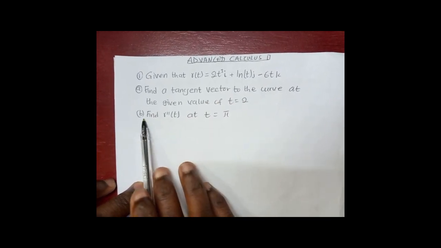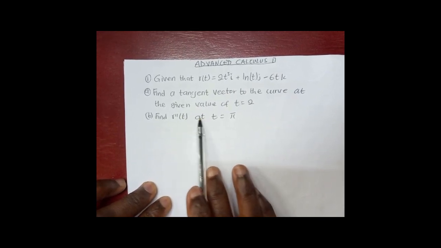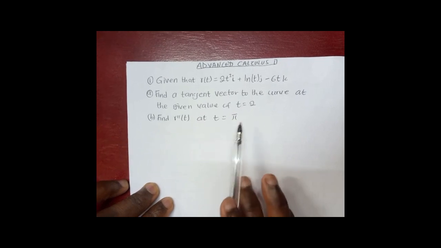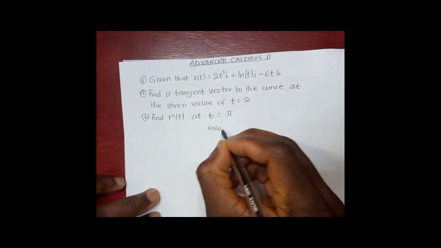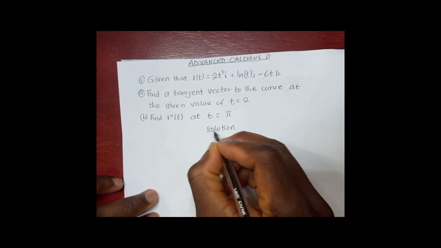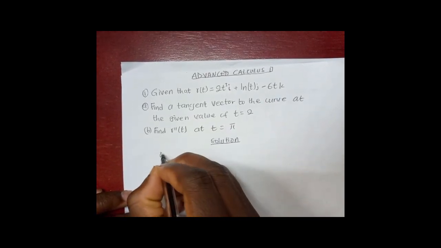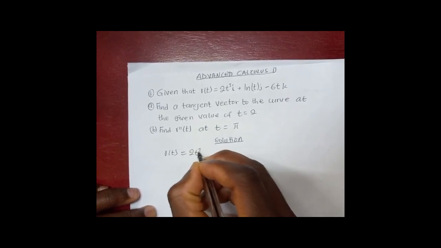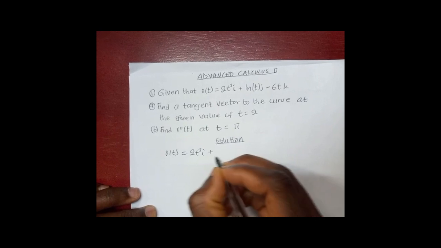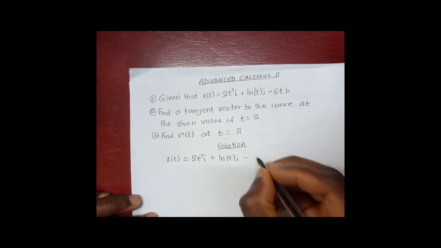And the B part says find the second derivative r of t at t equal to pi. So I have a solution here. Let me repeat the question: r of t equal to 2t exponent 3 i plus ln of t j minus 6t k.